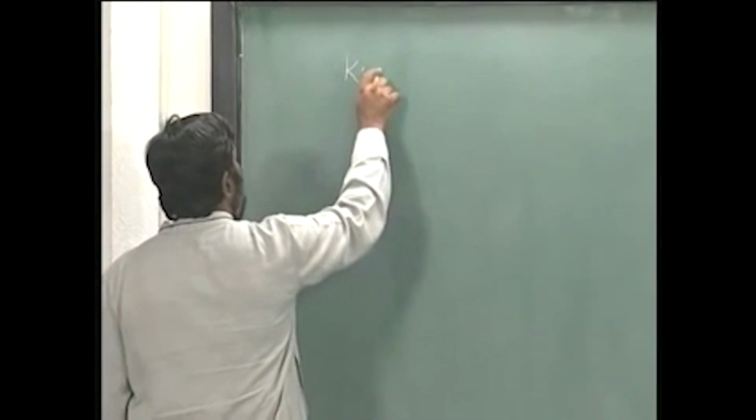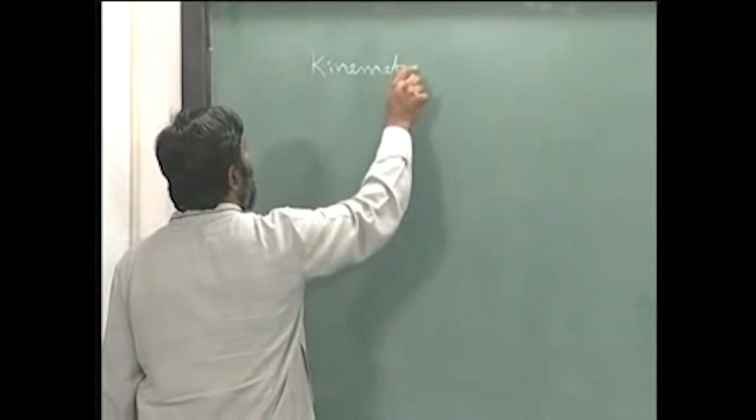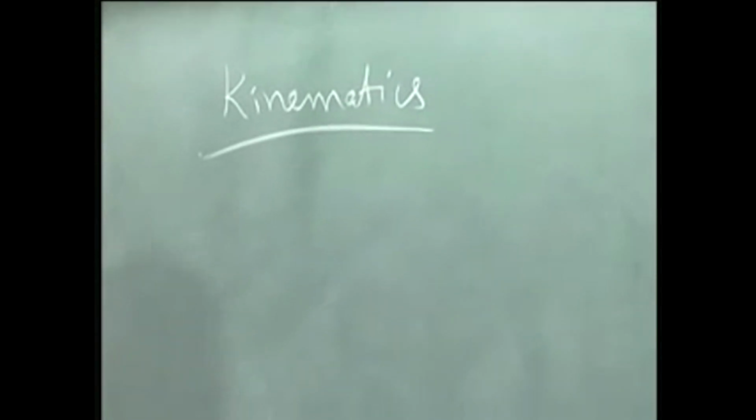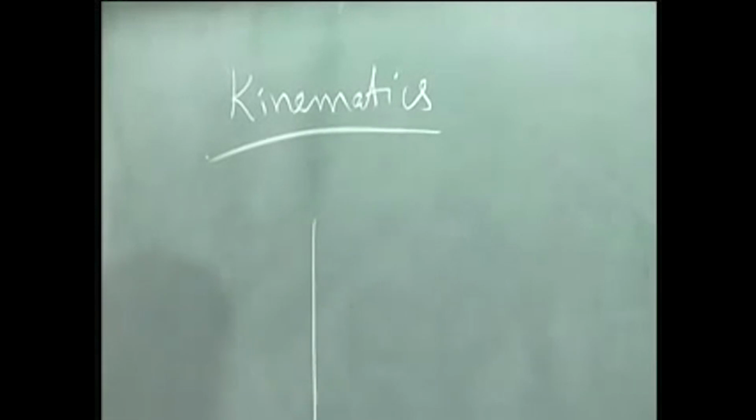Okay, just to recapitulate in terms of kinematics, we are just dealing with rigid bodies right now. One thing that we have to have in order to define the kinematics is a fixed frame of reference.